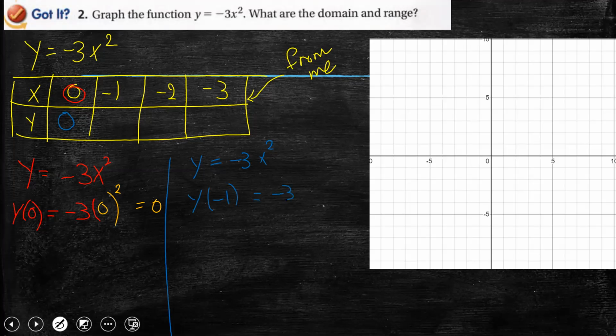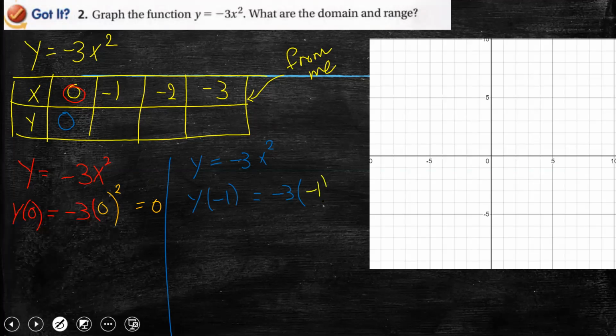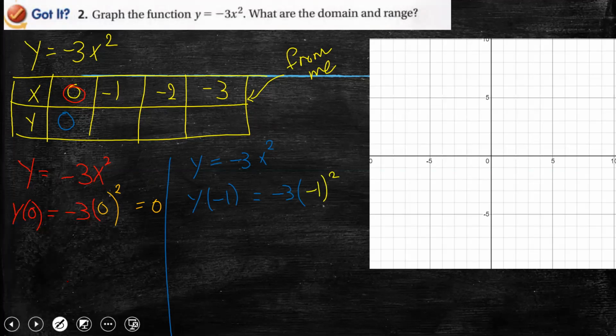negative 3 times, but here instead of x, which number should I evaluate? Negative 1, negative 1 squared, because I'm talking about negative 1 now. Negative 1 squared is 1, times negative 3.